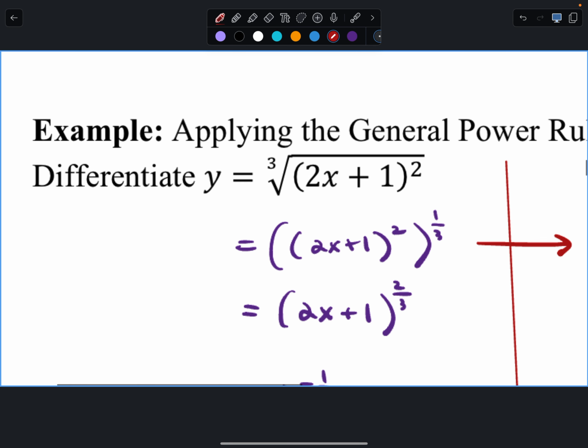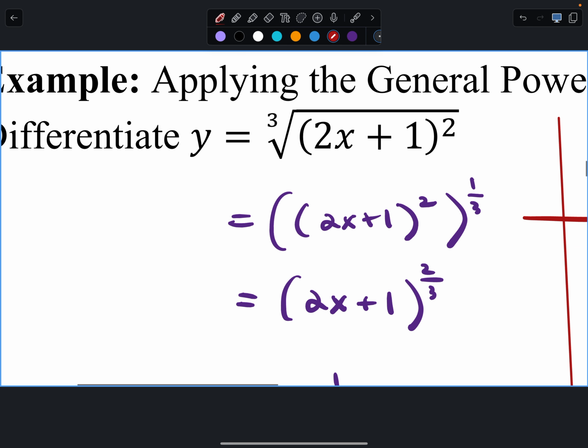So for this first one that you were supposed to be working on, you could have rewritten the cube root of the quantity 2x plus 1 squared in exponent form, and you could have differentiated from either. Which group differentiated from here?